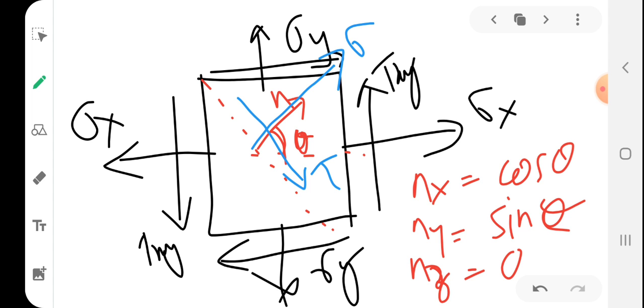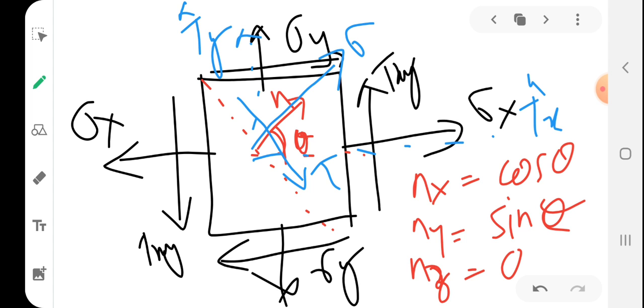So tx will be in the x direction, ty will be in the y direction. Sigma will be perpendicular to the plane. Tau will be parallel to that plane. So that's how we calculate components in a particular oblique plane.